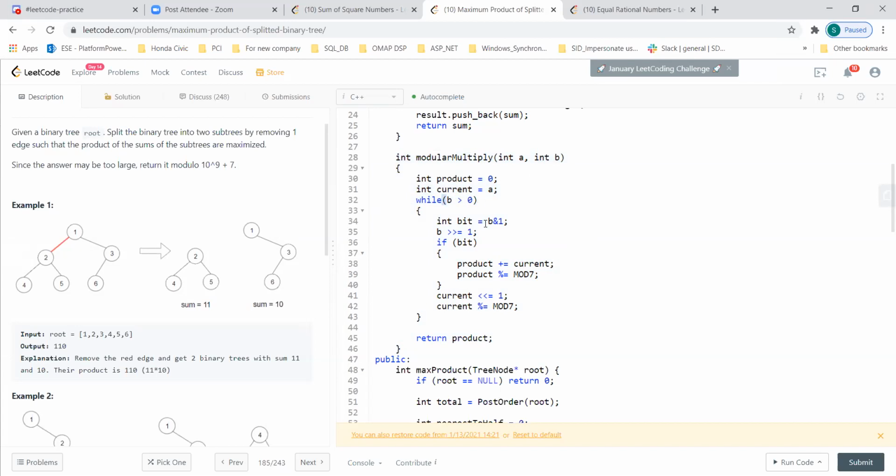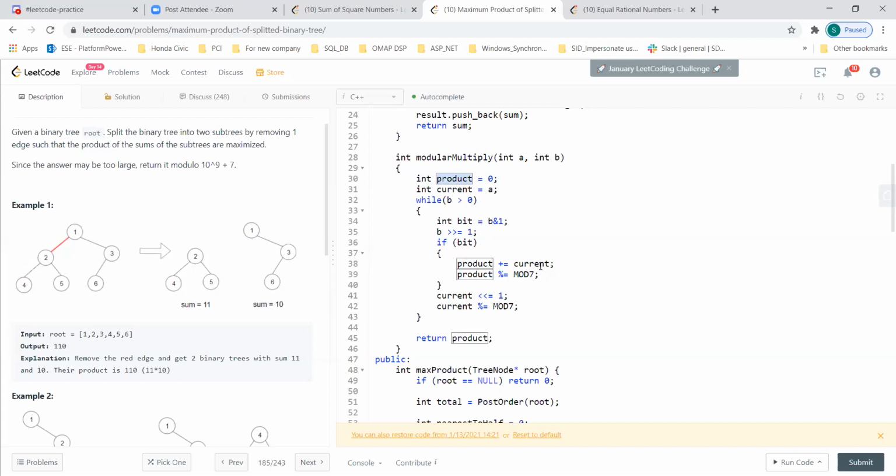The way we do it is we extract the last bit of B, and if that bit is 1, then only you add your current value to your product. So you are getting a product value inside here, right?